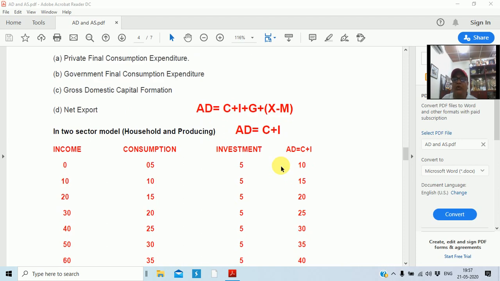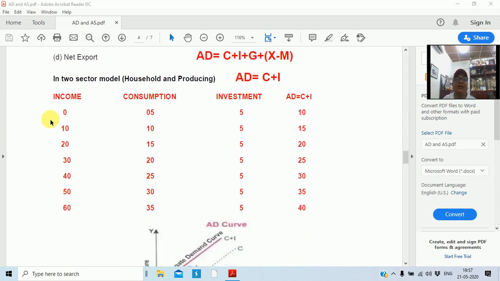Now, how are we able to develop aggregate demand? First we develop C, that is called the consumption function. What does the consumption function talk about? The relation between income and consumption. Here we are showing the relation between income and consumption. And what we said earlier is the same we are going to do today also. As income increases, 10, 20, 30, 40, 50, 60, what happens to consumption? Consumption also increases.